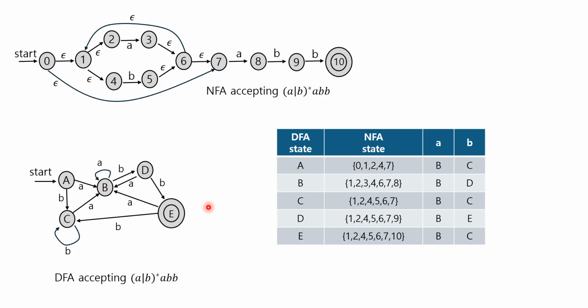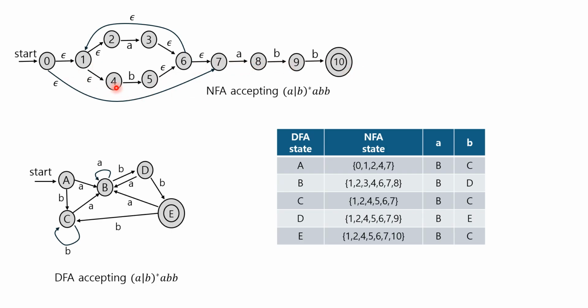So if you try some string, maybe from A to C to B to D to E, b, a, b, b, this DFA is going to accept all the language that can be created from the regular expression (a|b)*abb, as the NFA accepting (a|b)*abb does. So for b, a, b, b, we can try here on the non-deterministic finite automata: 0 to 1 to 4, b and a, b, b.